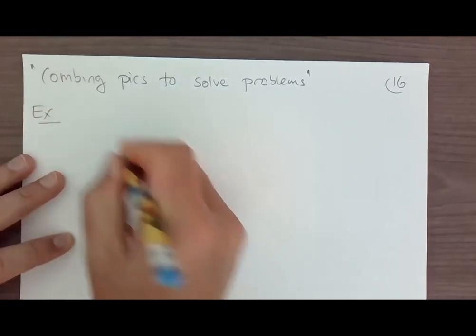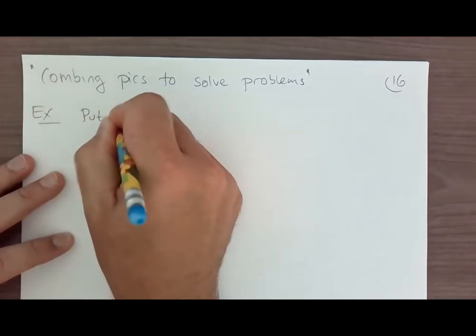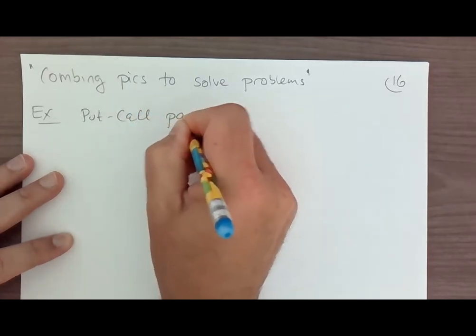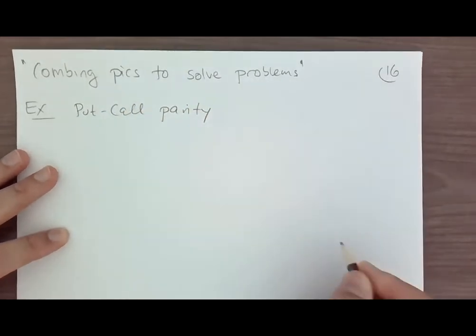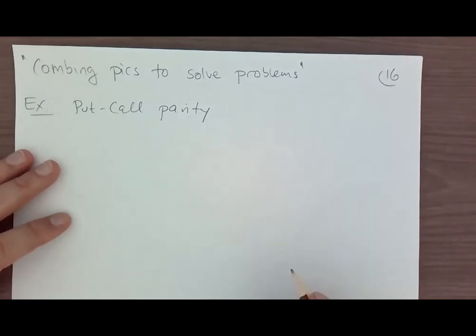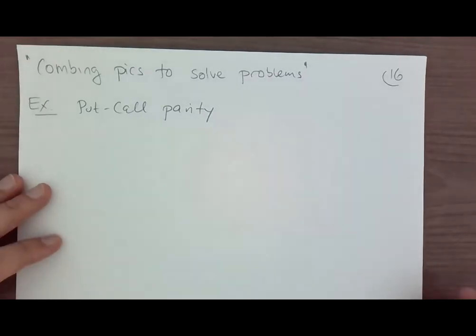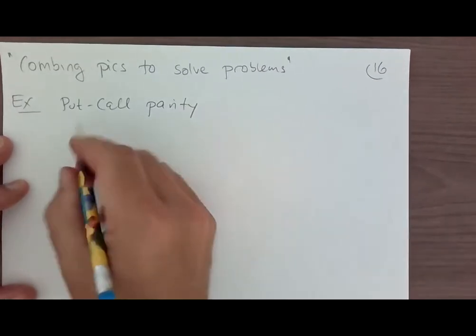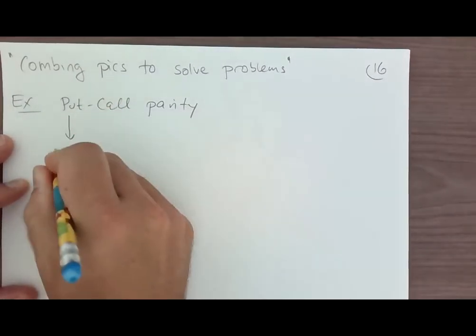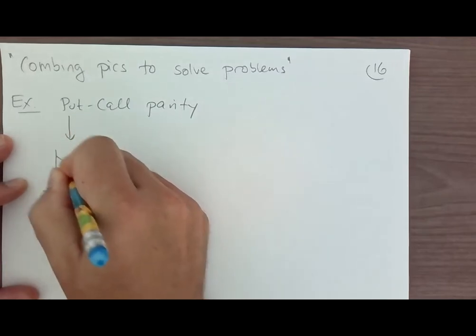So there's something called put-call parity. If you look at the put, the put picture looks like this.